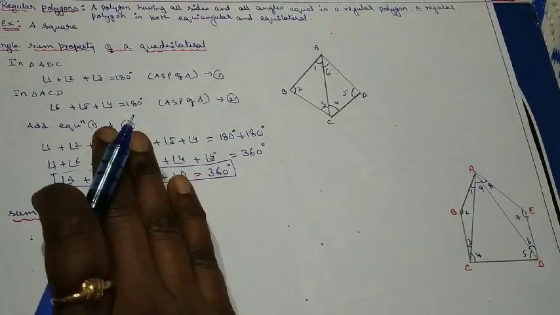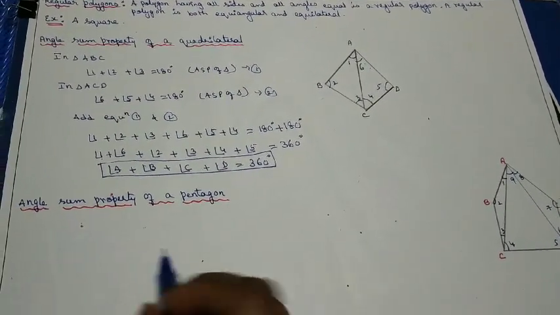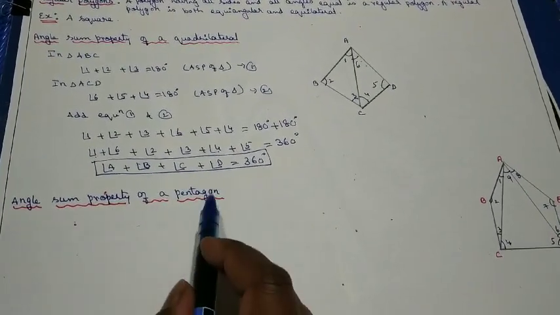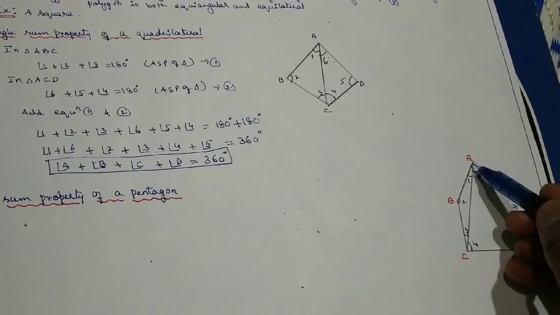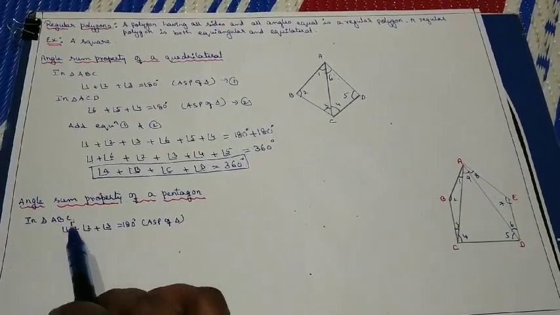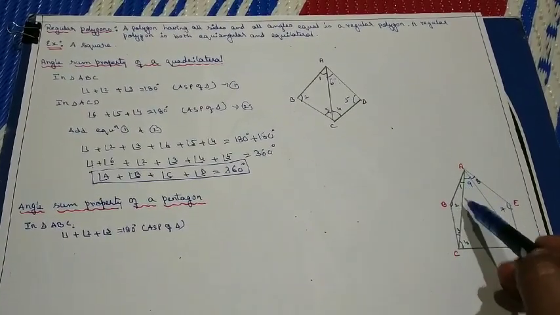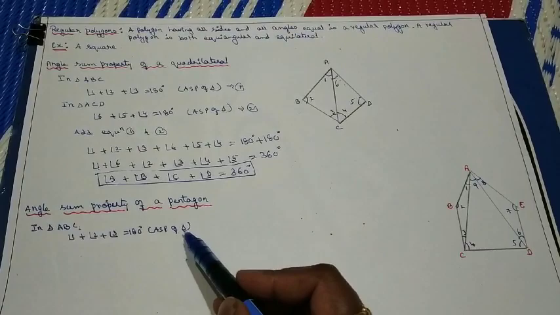We'll apply the same concept that we applied for the angle sum property of a quadrilateral to find the angle sum property of a pentagon. So here 3 triangles. First let me consider triangle ABC. In triangle ABC, angle 1 plus angle 2 plus angle 3 equal to 180 degree, ASP of triangle.